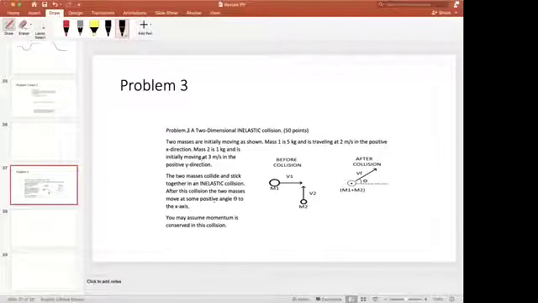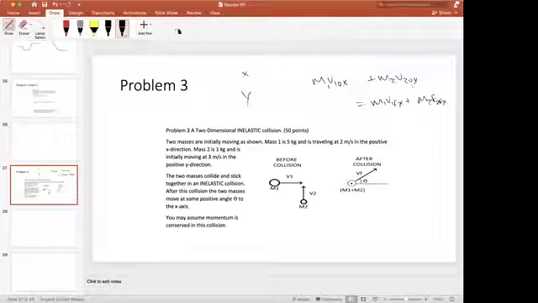The only difference between what I showed you before and this is that you have to do X and Y separately. So M1 V1 initial in the X plus M2 V2 initial in the X is equal to M1 V1 final in the X plus M2 V2 final in the X.